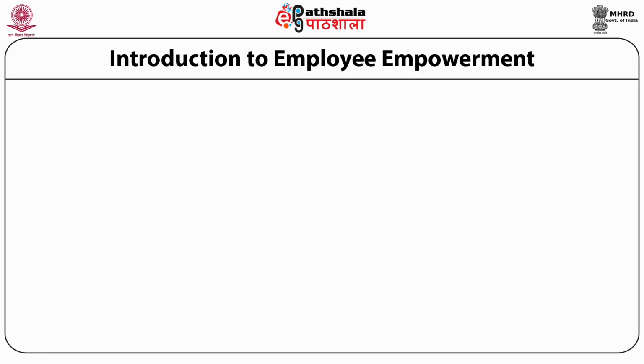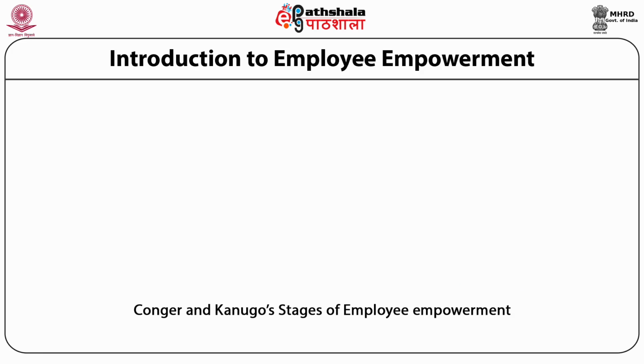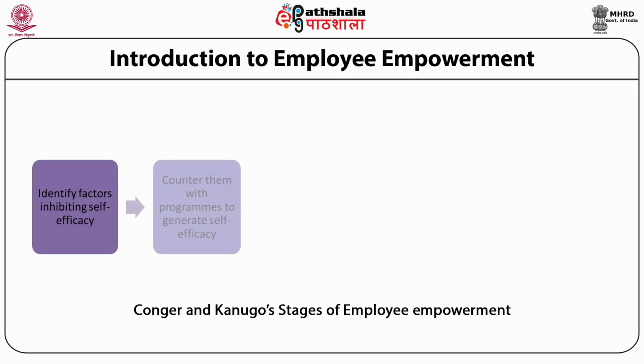Here we present the Conger and Kanungo stages of employee empowerment. The first such stage is to identify the factors inhibiting the self-efficacy of the service employees. The second is to counter them with programs to generate self-efficacy.